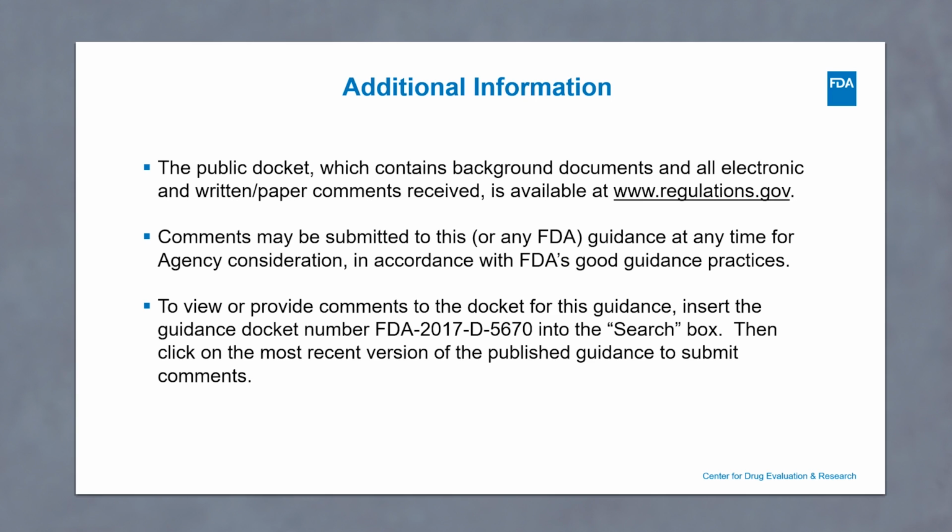To view or provide comments to the docket for this guidance, insert the guidance docket number shown on the screen, FDA-2017-D-5670, into the search box. Then click on the most recent version of the published guidance to submit comments.